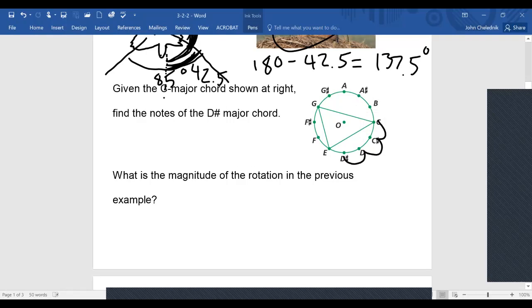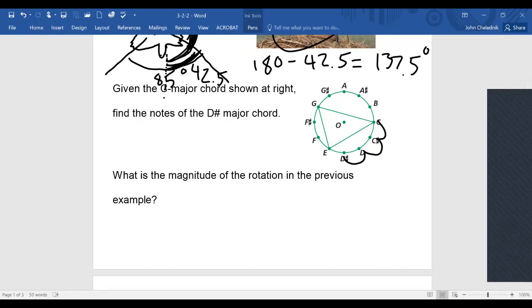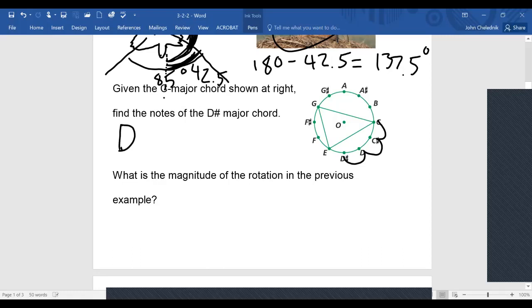Now this circle has 12 total notes on it. If you believe it or not, all of music is only 12 notes. Kind of amazing. Well, let's not worry about that yet. Let me actually just finish going over this example. So the C will have to go 1, 2, 3 hops clockwise to change to a D sharp, okay?